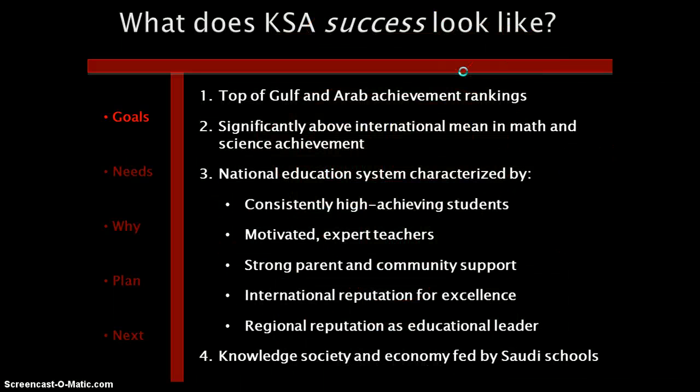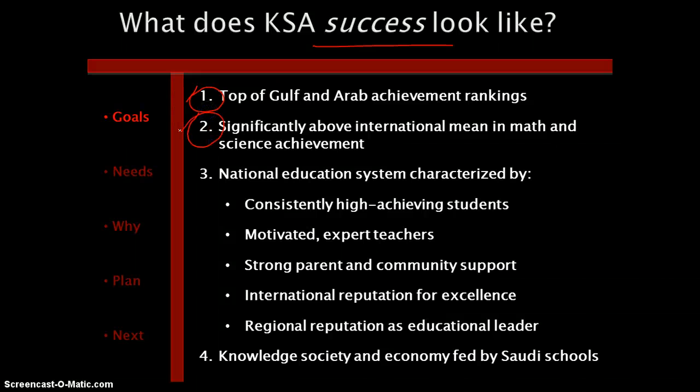So if we're talking to a bunch of policymakers in Saudi Arabia about their education system, and we want to know what success looks like for KSA, the Kingdom of Saudi Arabia, here's what they see. Top of Gulf and Arab achievement rankings. In other words, the students in the Arab country are outperforming all of their peers.